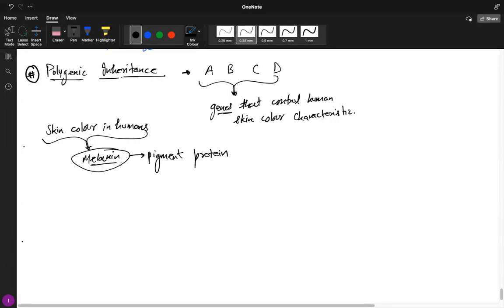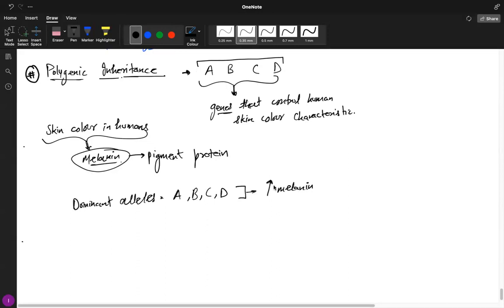Now, if it is a pigment protein, all these four genes must be involved in its synthesis. So let's say gene A also is involved in melanin synthesis. The dominant alleles for these genes, capital A, capital B, capital C, and capital D, all give rise to increased melanin. That's why they are dominant.